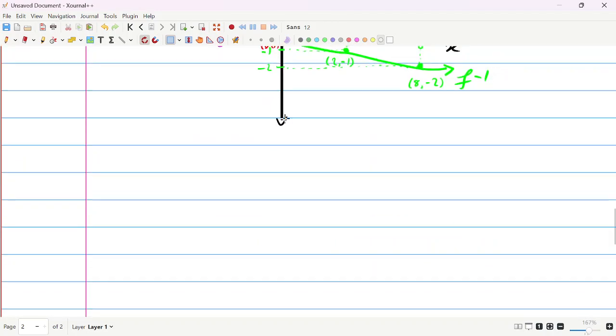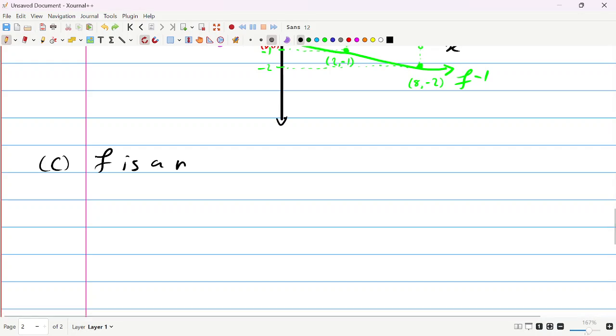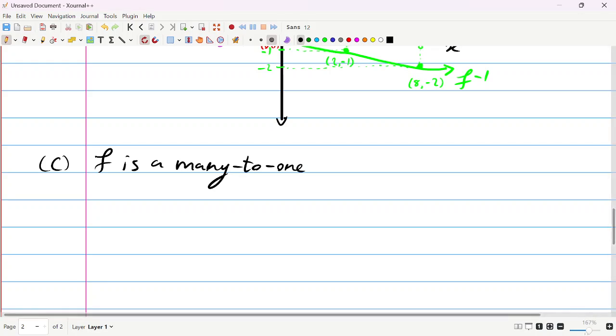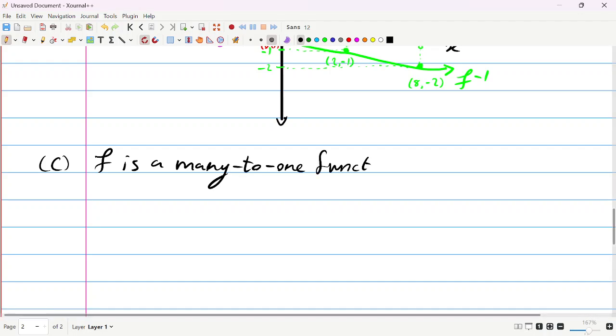So therefore, to answer this question, what type of function is f? We can say here number C: f is a many-to-one function.